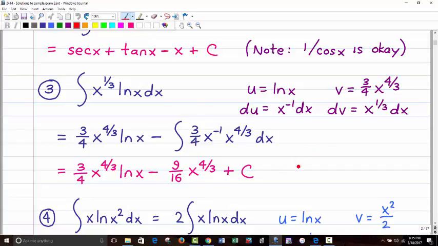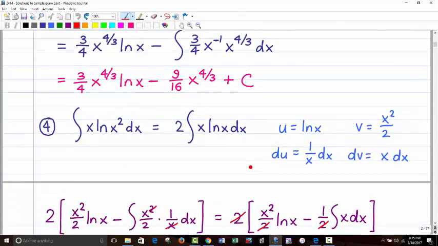So what essentially happens is we create another 3/4 multiplied together. So 3/4 times 3/4 makes that 9/16 x to the 4/3. And then, of course, the beginning, first part, we didn't have to integrate that. We were already done. So this would be our final answer.